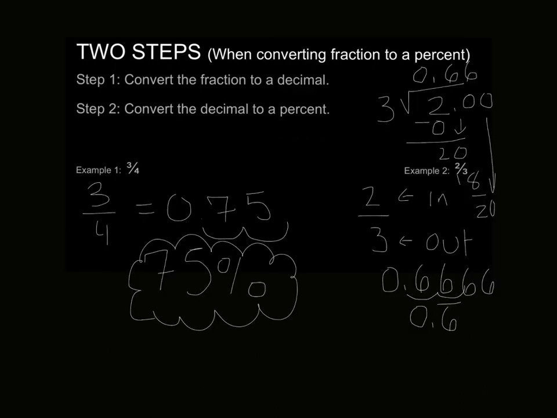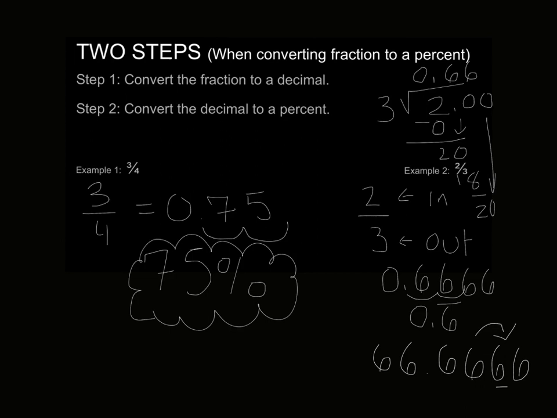So then what we do next is we would just move our decimal 2 places to the right, and then we can write it as 66.66, and then just keep writing our 6's. Instead of writing that 6 forever, I can just round up, because we've got something that's greater than a 5 in the next place, so we can round it up.